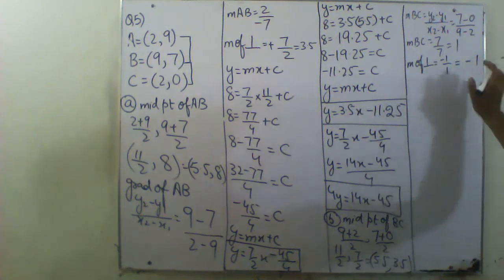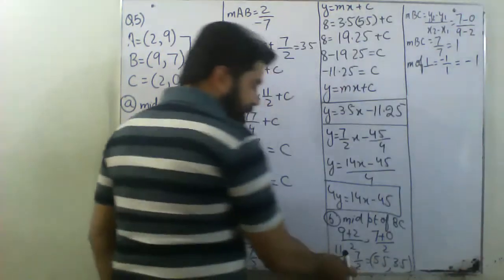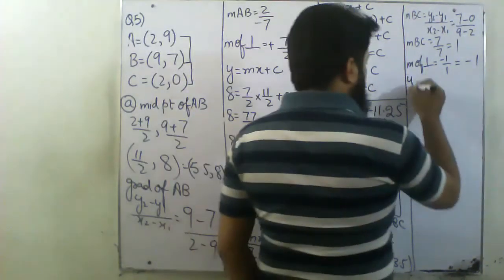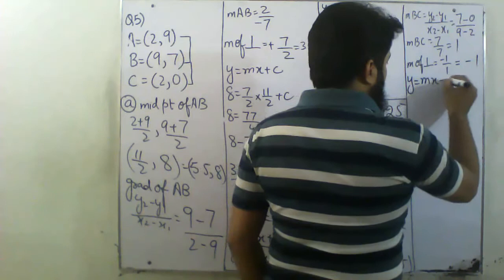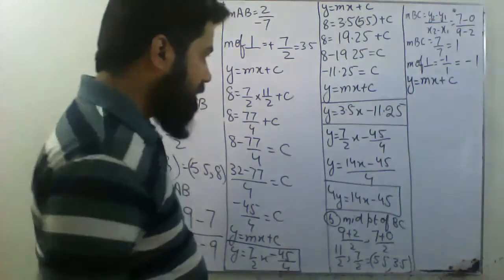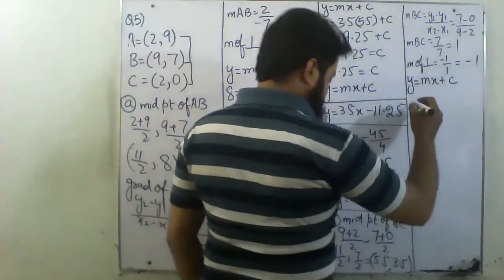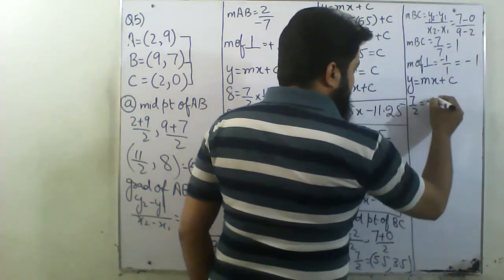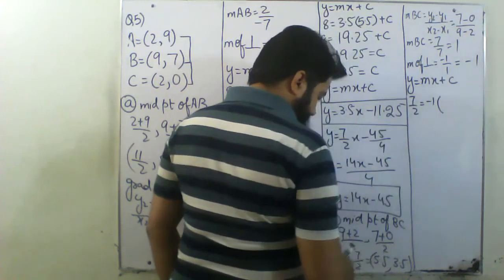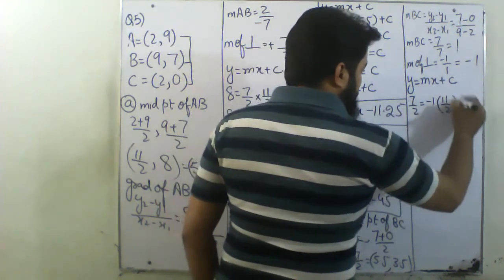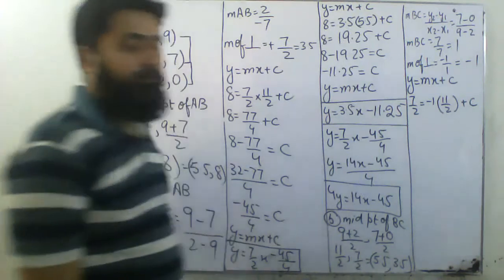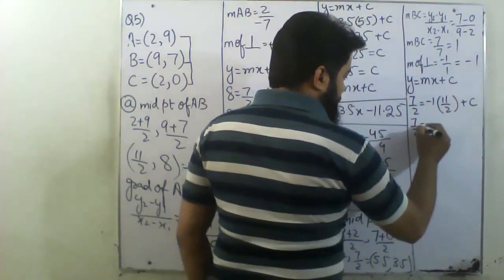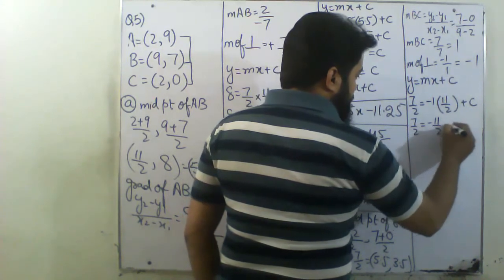Okay, so I have got the midpoint value, now I have to find the equation. So y equals mx plus c. What are the coordinates coming? 7 over 2 equals minus 1 times x, which is 11 over 2, plus c. Simplifying further, 7 over 2 equals minus 11 over 2 plus c.